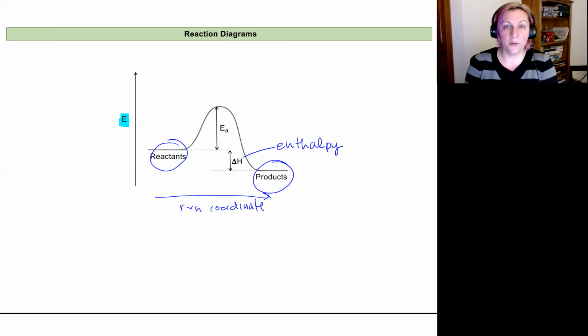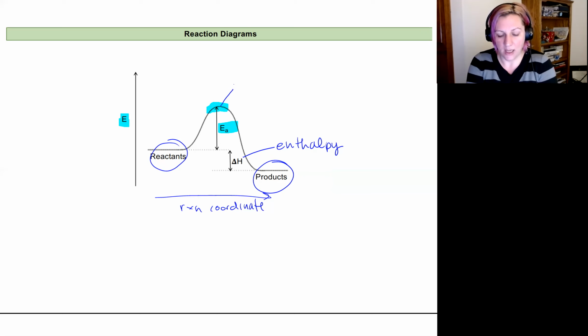And we're going to focus now on the activation barrier or the activation energy, which is this piece right here. So as our reactants become products, we need to break bonds and form new ones. And so when we reach this top right here, this is going to be the highest energy that the reaction has to overcome.